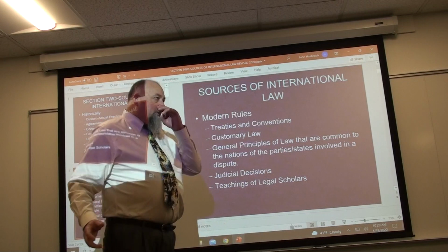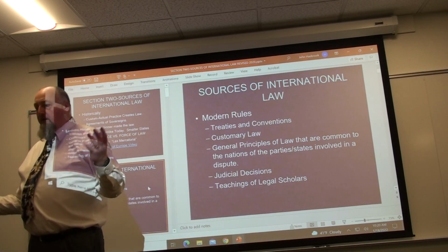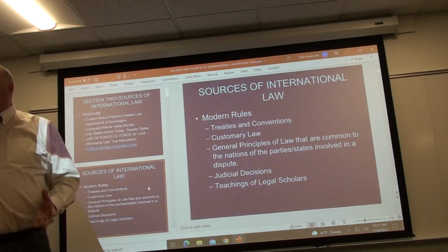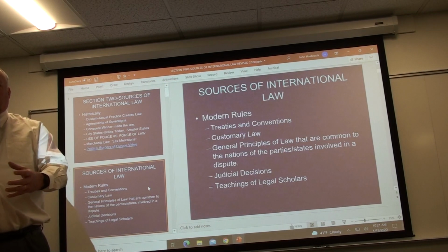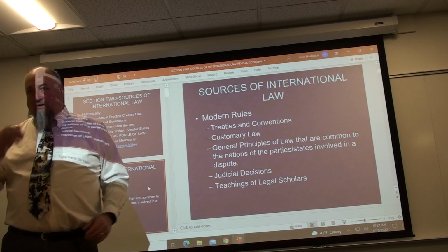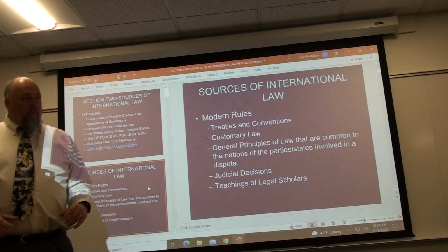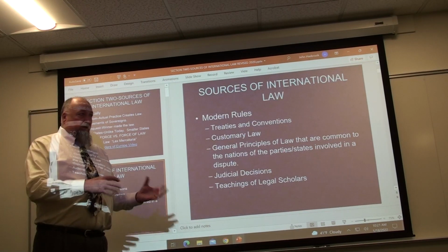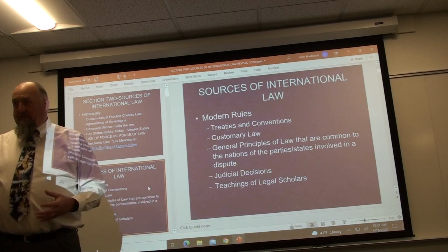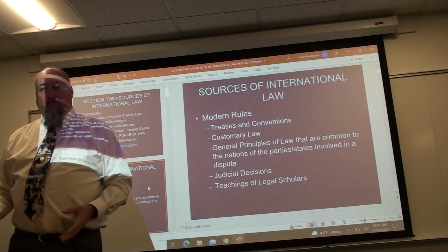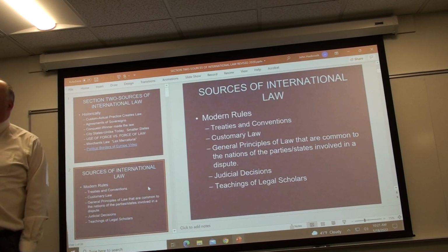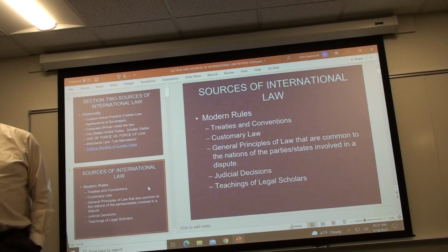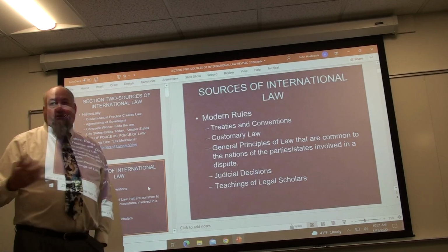So let's say we have two countries that are disputing over fishing rights off an island that is right on the border between the two countries. And they go to the International Court of Justice rather than fight it out like historically they would have done. So what law does the International Court apply? Do they apply the law of country A?